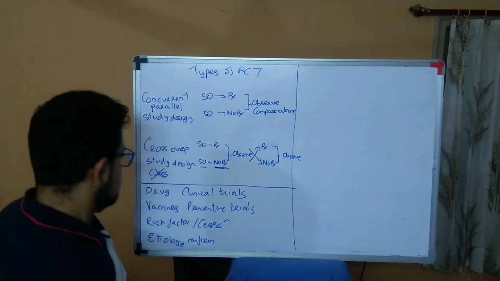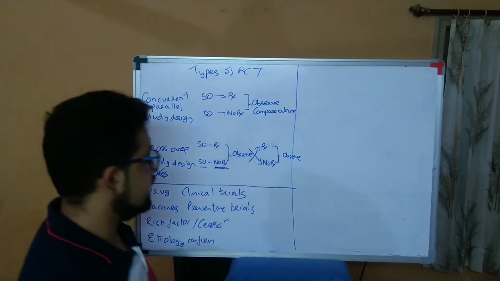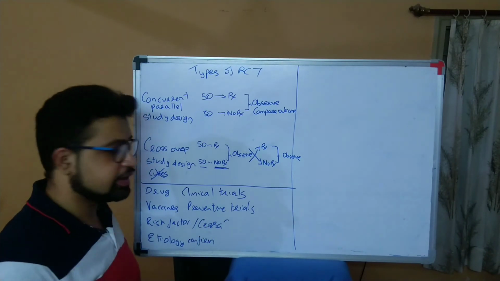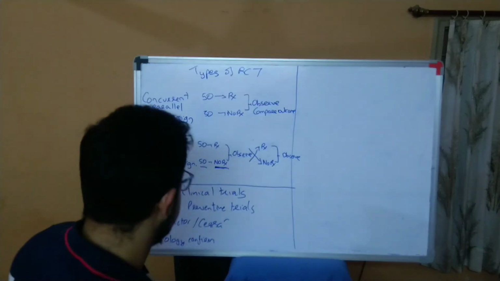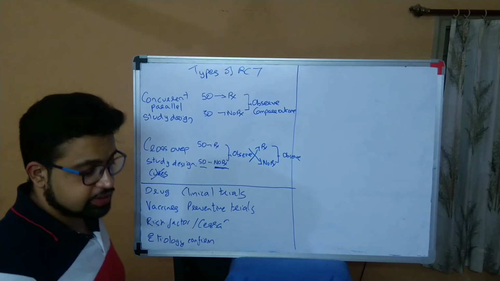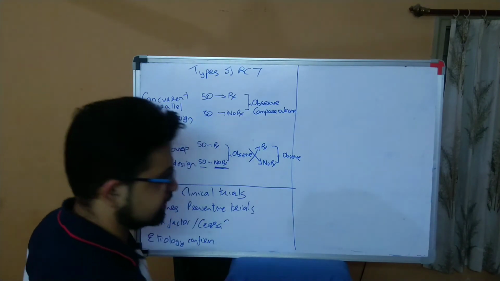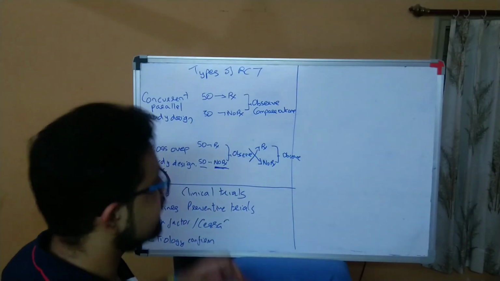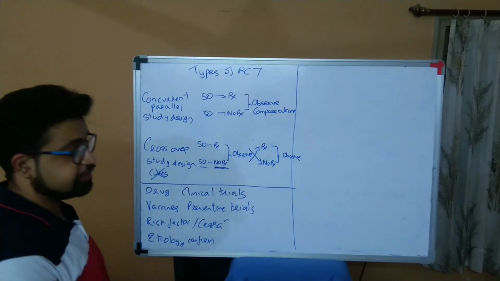Now, where can RCT be used? As we discussed, the effectivity of drugs, like in clinical trials. Effectivity of vaccines in preventive trials. You can go for risk factor assessment. You can go for cessation experiments. Let's suppose smoking cessation would be helpful or not. That is an intervention. And you can confirm the etiology.